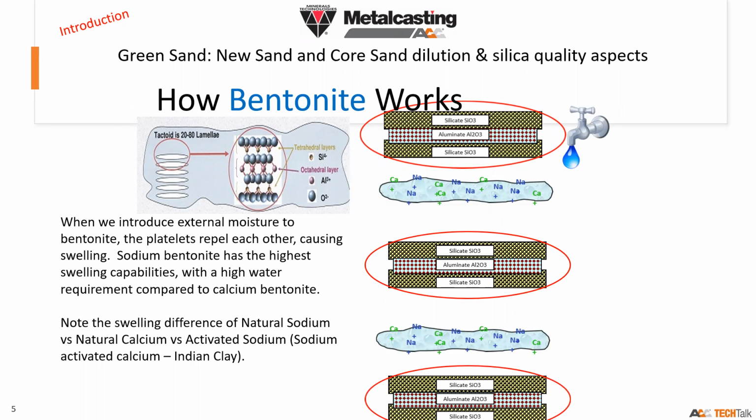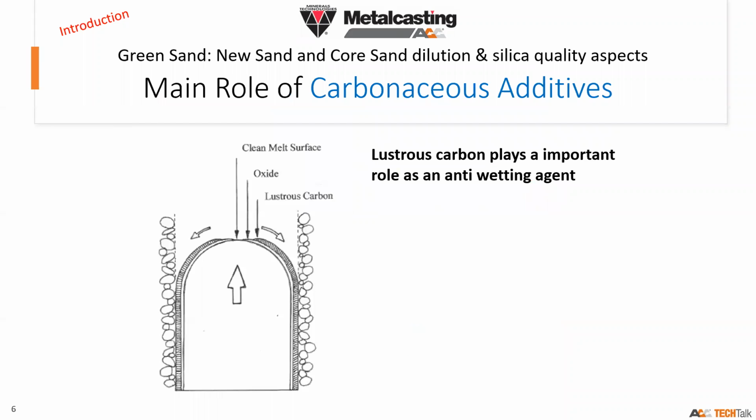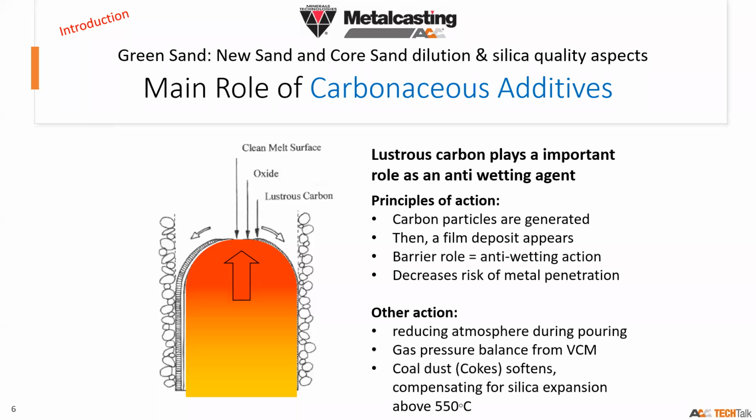The third component is the carbonaceous additive. As you can see, it is several roles that we can define with lustrous carbon playing, for example, a role of anti-veining agent. And as well, carbon particles generating, in fact, a film deposit appearing between the sand and the metal.